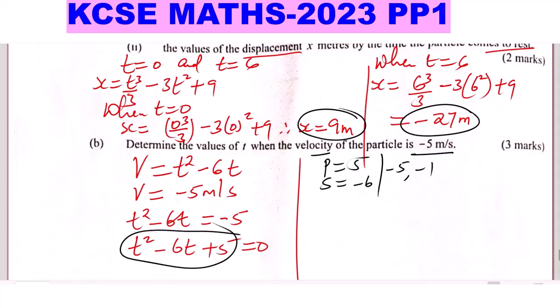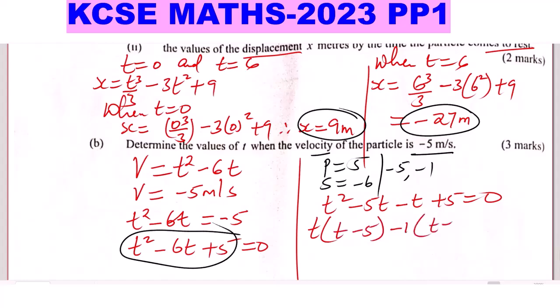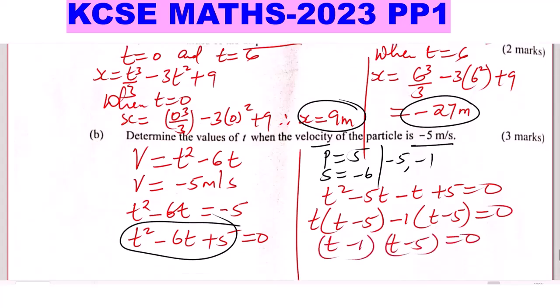So you have t squared minus 5t minus t plus 5 is equal to 0. Factor out t: t minus 5, then minus 1 times (t minus 5) is equal to 0. So (t minus 1) multiplied by (t minus 5) is equal to 0.